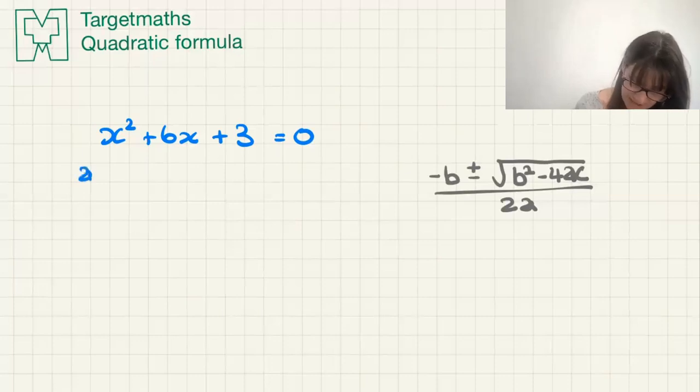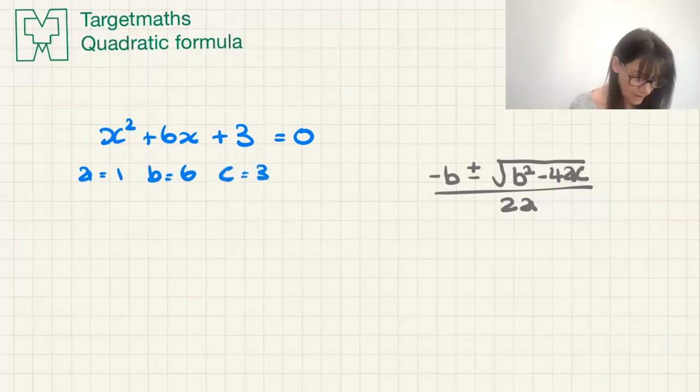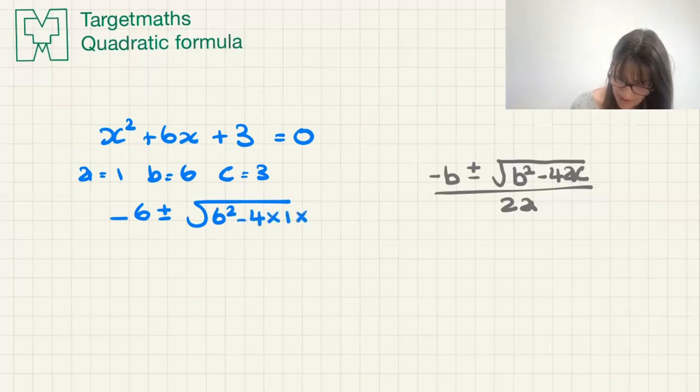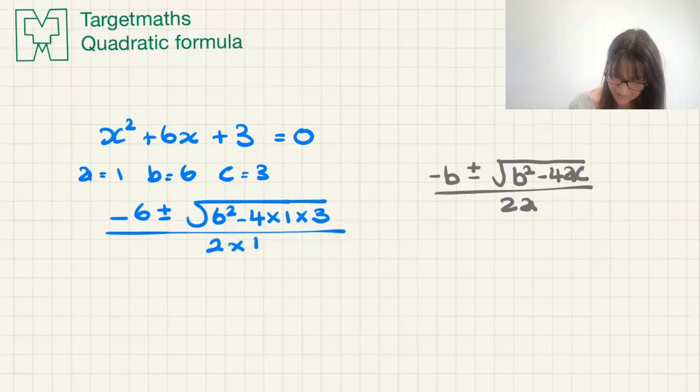Okay, so A is equal to 1, B is equal to 6, and C is equal to 3. So putting it in step by step, minus B, so minus 6, plus or minus the square root of 6 squared minus 4 times my A, which is 1, times my C, which is 3, all over 2 times A, which is 1.